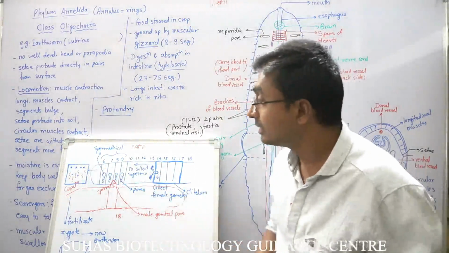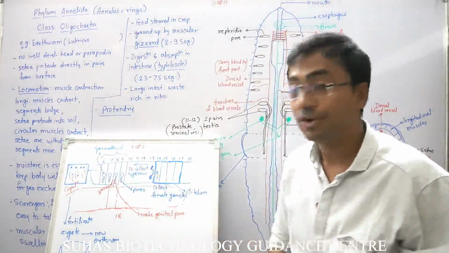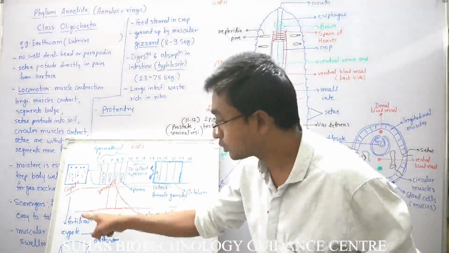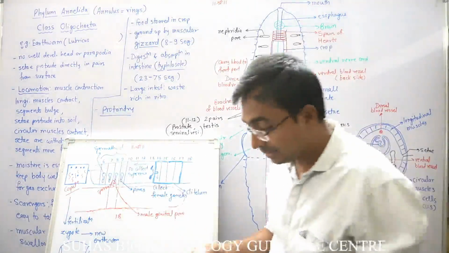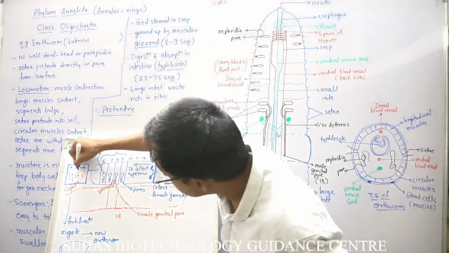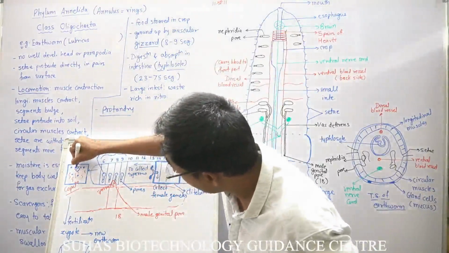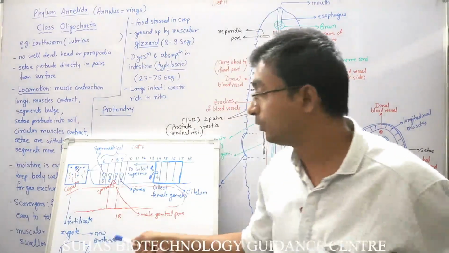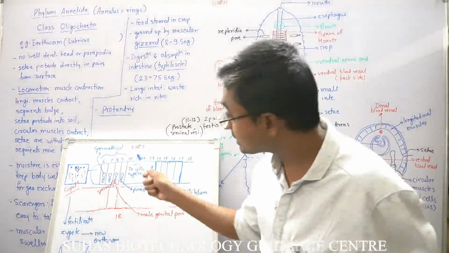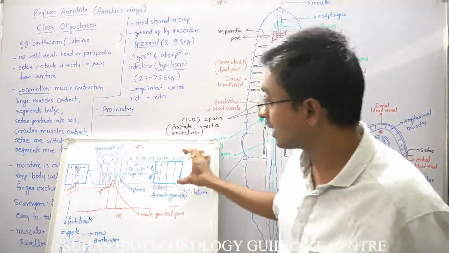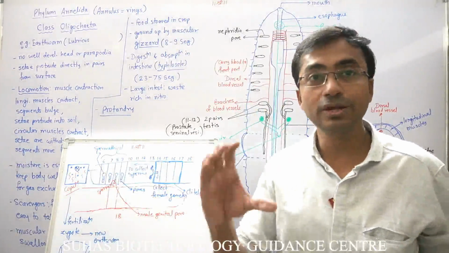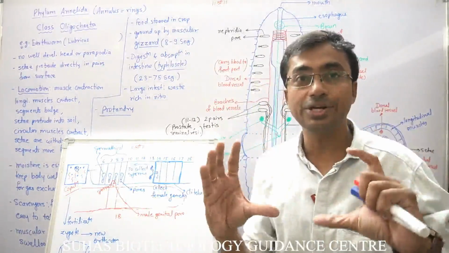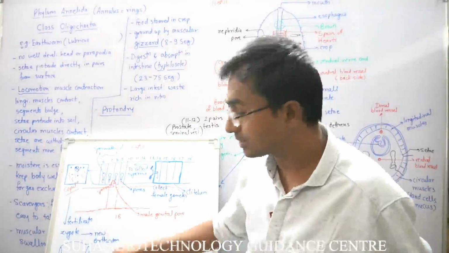Now in this portion which is released here, fertilization will actually take place. That is, the male gametes, the sperms, will unite with the female gametes to form zygotes, and these zygotes will develop into new earthworms. This part of the clitellum which has come out will show a band-like region, which looks something like this.